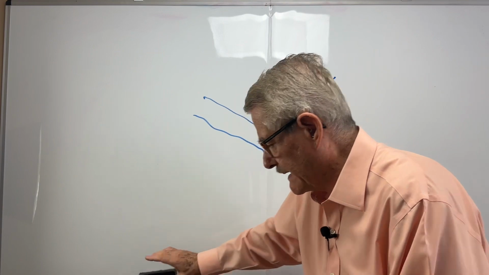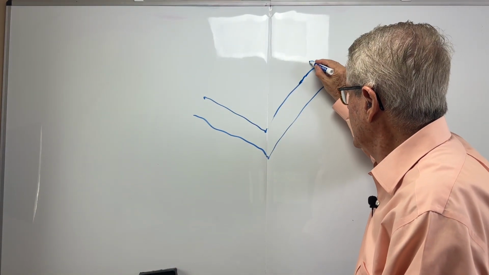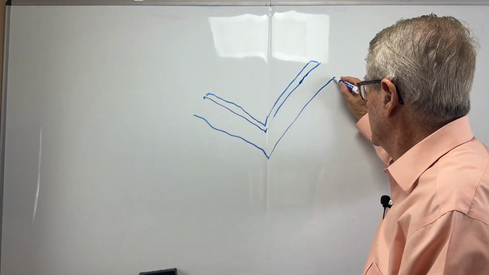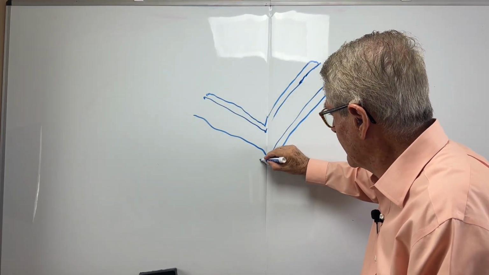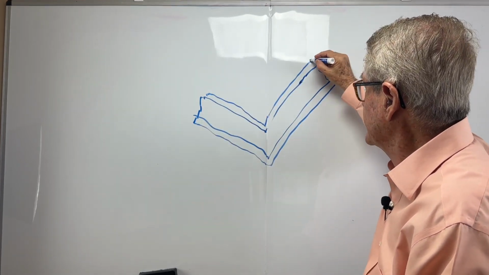draw here a flat bone, you'll have to remember that it has an outer compact bone and also an inner one. And in the center, we have cancellous bone.